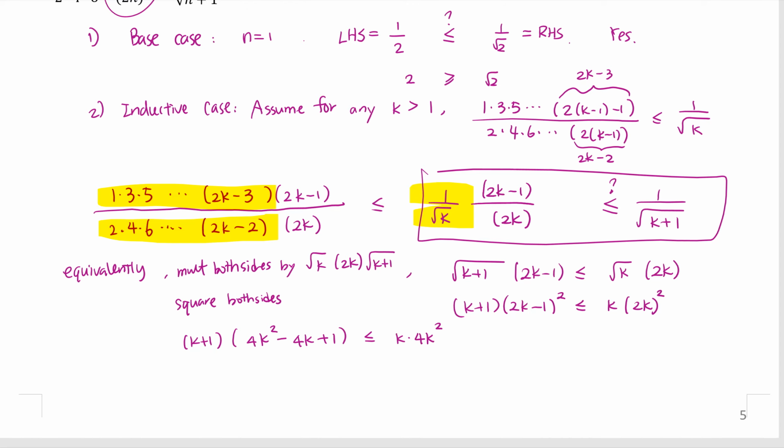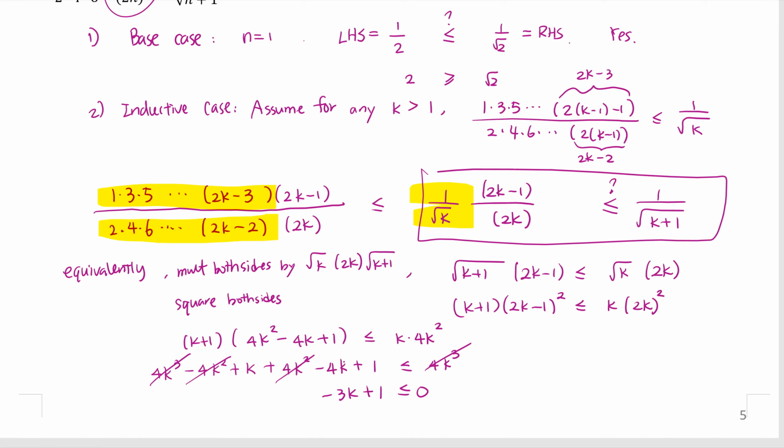We have k times these, so 4k cubed minus 4k squared plus k, and then plus 4k squared minus 4k, plus 1 times 1 is 1. This is the left hand side. The right hand side is 4k cubed. You see 4k cubed cancels, and 4k squared cancels. What do we have? We have k minus 4k, so negative 3k plus 1 less than or equal to 0.